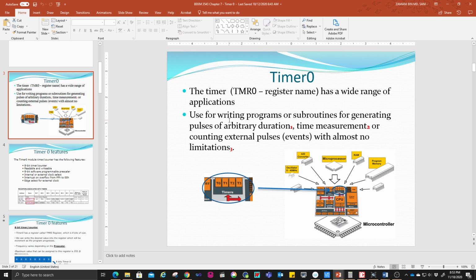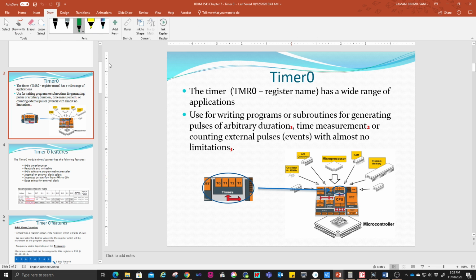Later we can try it on our Proteus, and this can also be used for time measurement or counting external pulses. For example, if we have a clock here giving signals to your PIC, you can count the clock every time it goes down or every time it goes up.